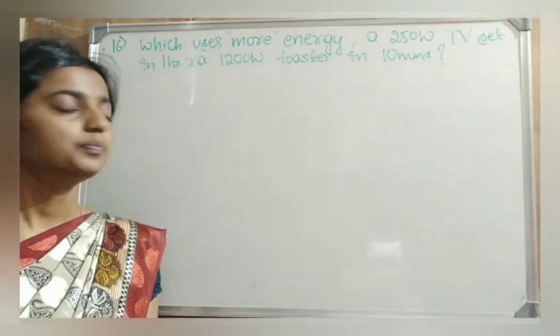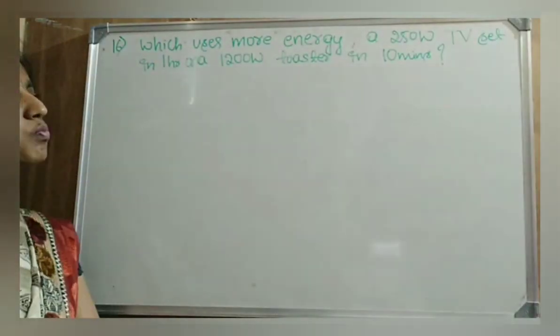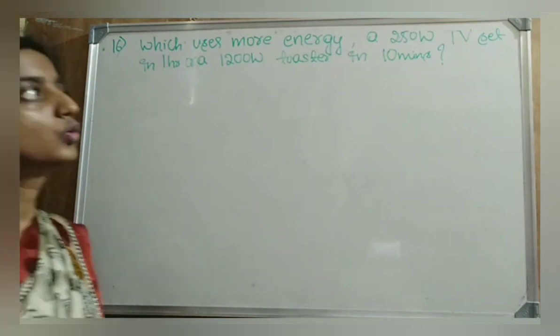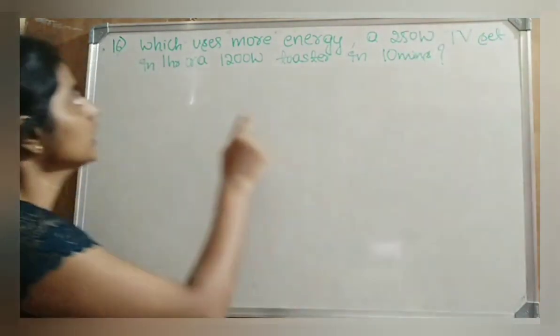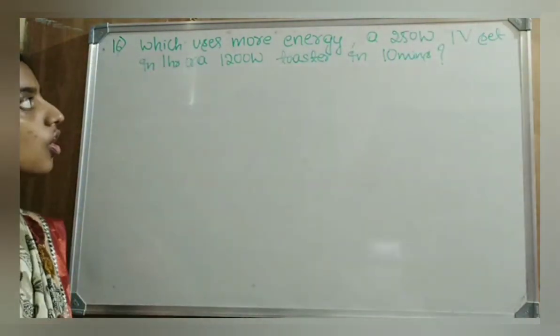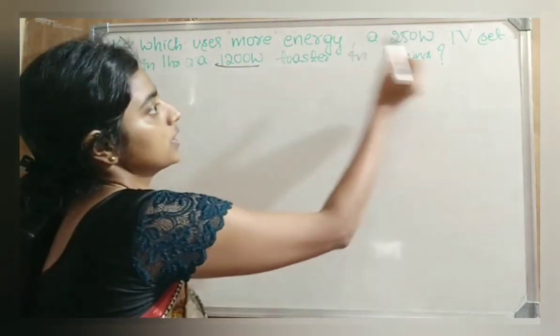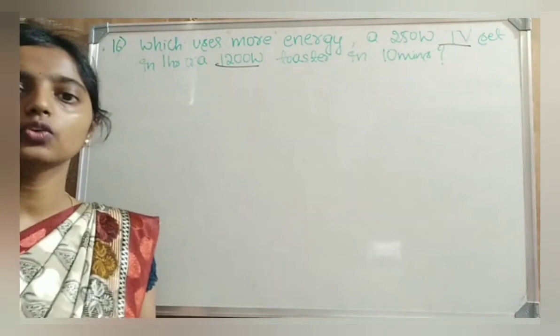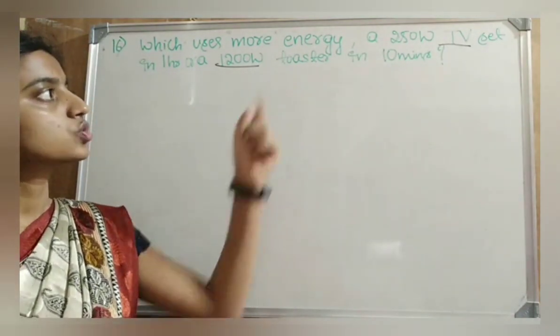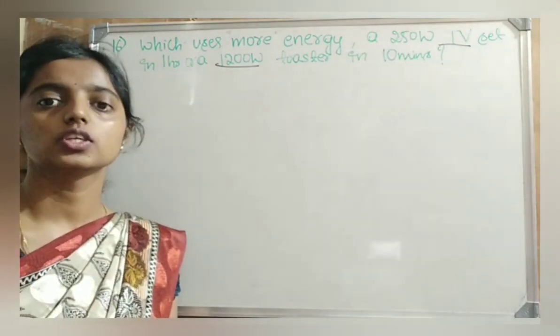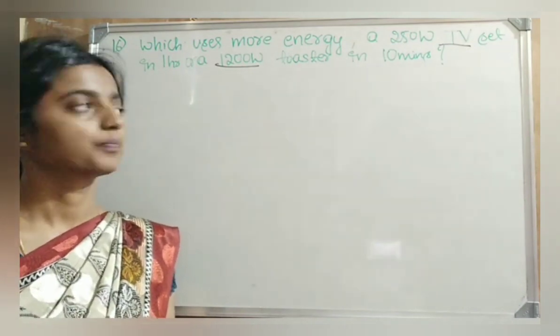Read out the question. Which uses more energy: a 250 watt TV set in 1 hour or a 1200 watt toaster in 10 minutes? Here we need to identify which of these two electrical devices consumes more energy.